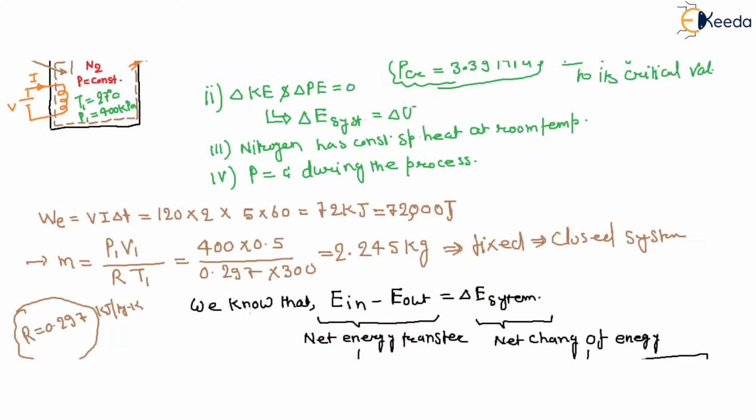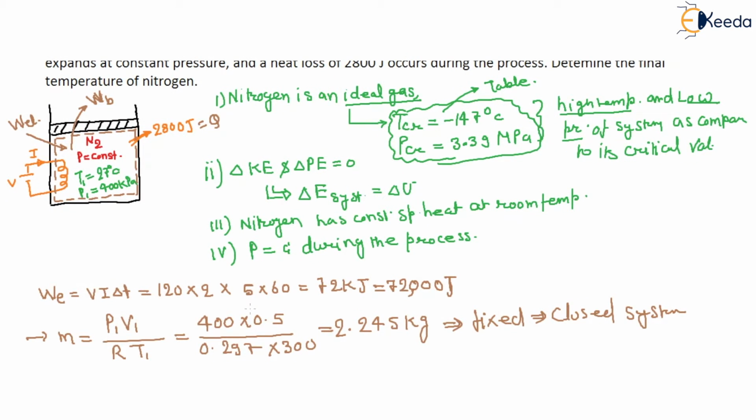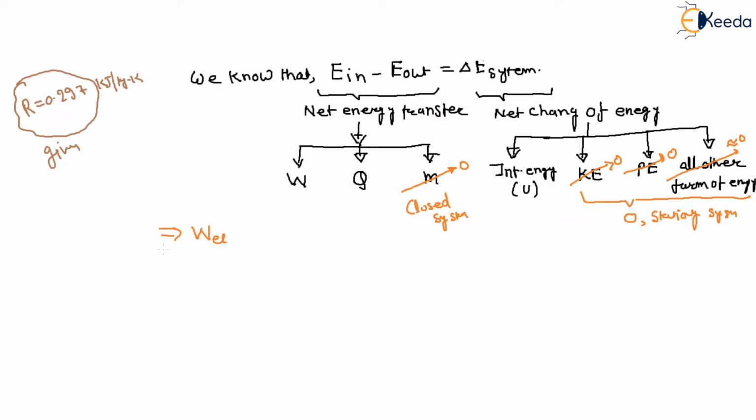No. Two forms of energy go out from the system: one is the heat and the other is the boundary work. So put a minus here: energy out from the system, boundary work plus heat transfer, and this is exactly equal to the change in internal energy of the system.